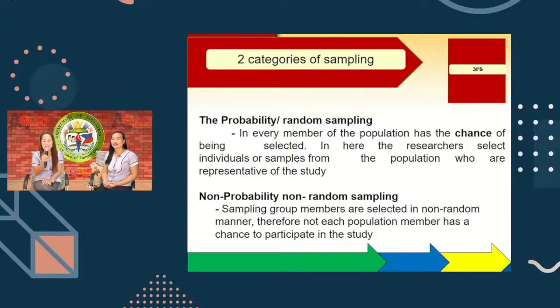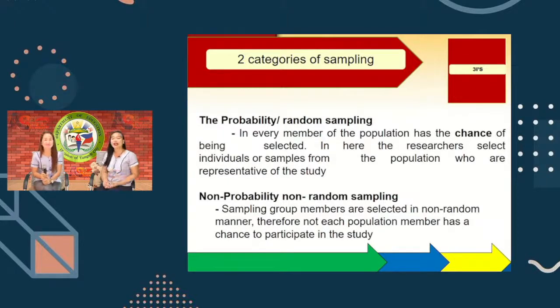But you know what, learners, in reality it is not always possible to use probability sampling in educational research. Instead, researchers can use non-probability sampling. In non-probability, non-random sampling, the sampling group members are selected in a non-random manner.